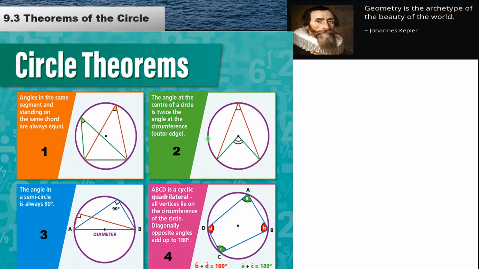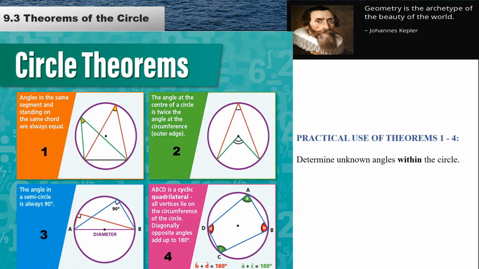Now we will look at some problems where each theorem is applied to solve unknown angles. As a matter of fact, that is the practical use of the theorems. They are used to determine unknown angles within the circle. Generally, other geometric structures are superimposed on the circle, like for example these lines, and these lines would combine to create angles.